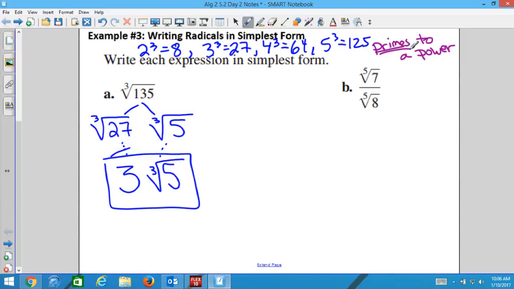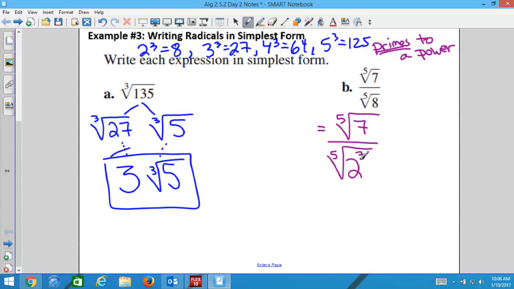Okay, so I'm not going to do anything with that one. I'm going to leave it as is. Eight, is that a prime number? No. So I'm going to write 8 as 2 to the third. All right? So write it as primes.